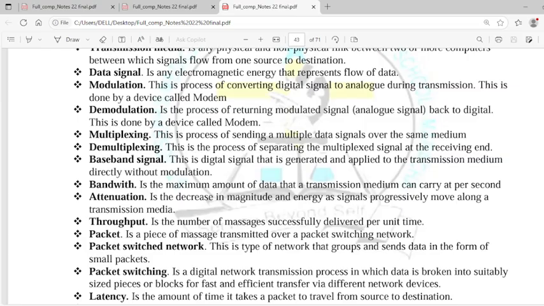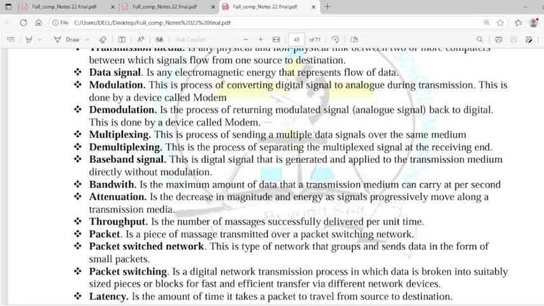When we were looking at the types of computers, we looked at the hybrid computers, the digital computers, and the analog computers. That comes in the way they function.